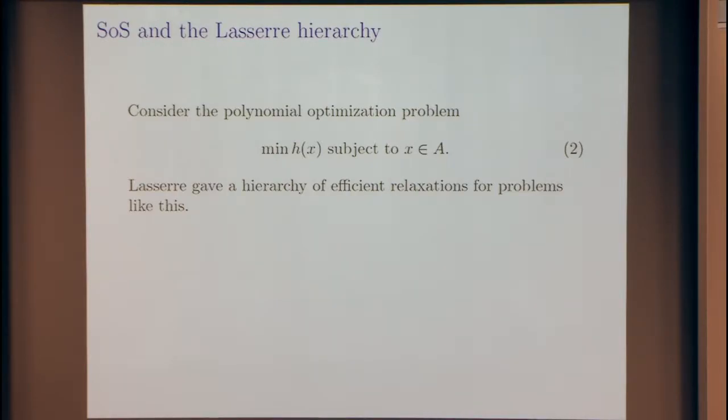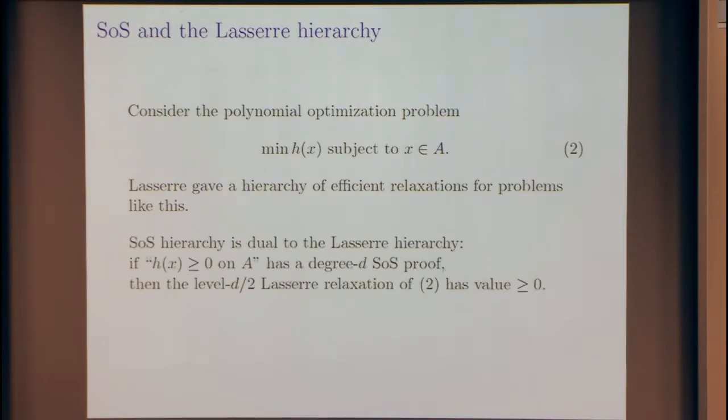The connection to the Lasserre hierarchy, which was known before, but was highlighted and much more developed in these two works, is that we can look at the optimization problem. Suppose you want to optimize a function h of x subject to the constraint that x lies in the set A. Then it turns out that the Lasserre hierarchy and the SOS hierarchy are the same, or dual if you want.